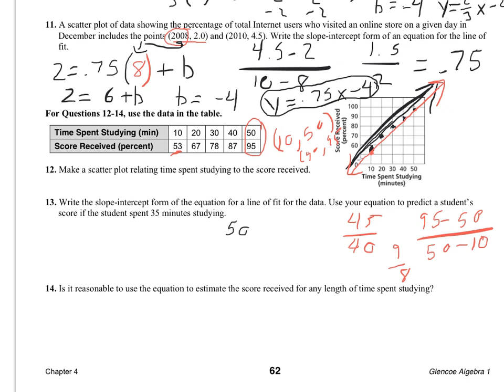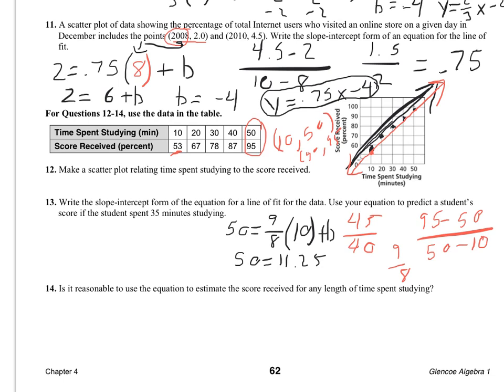So 50 equals 9/8 times 10 plus b. Then 9 times 10 is 90, divided by 8. The 90 divided by 8 is 11.25, so 50 equals 11.25.